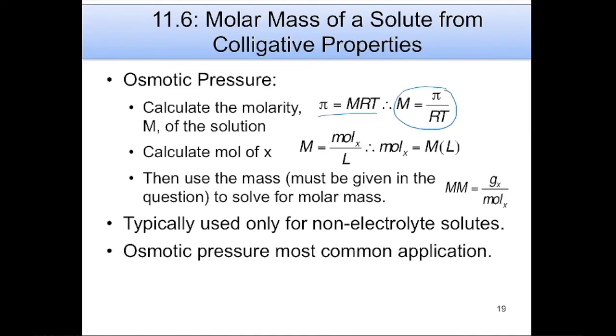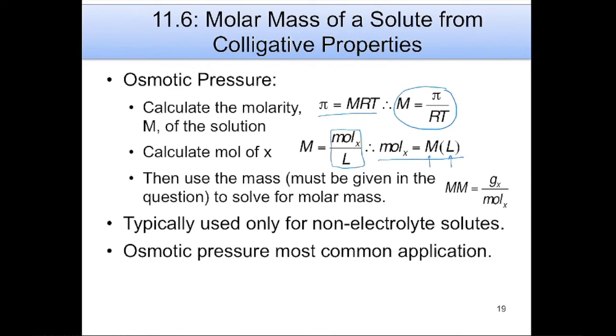Once we have molarity, we know that molarity is moles per liter. So if we have moles per liter, in the question we're going to be given a volume, so we can rearrange this equation to solve for moles. This is going to be our moles of the solute: the molarity of the solution multiplied by the volume of that solution.